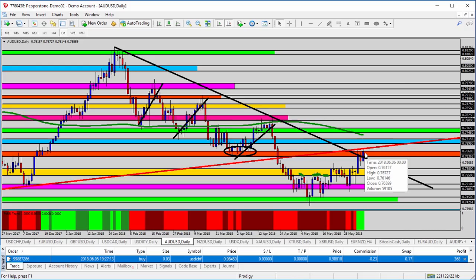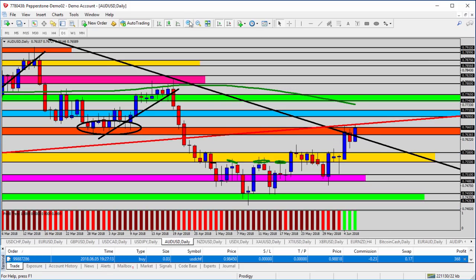So what we're looking for here, let's go ahead and zoom in one more time, are one of two things. Either it's going to shatter all of this, break the glass ceiling and continue to go higher, or we're looking for eventually it to turn around and go back down. I don't think we have clues to that. I don't think we have price action to that effect, but it's definitely something that we want to watch for.